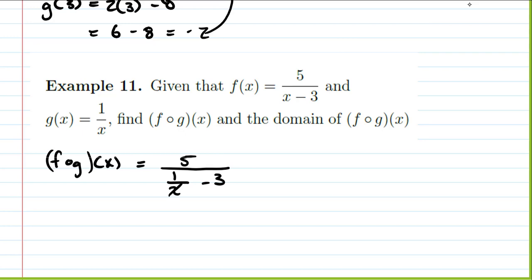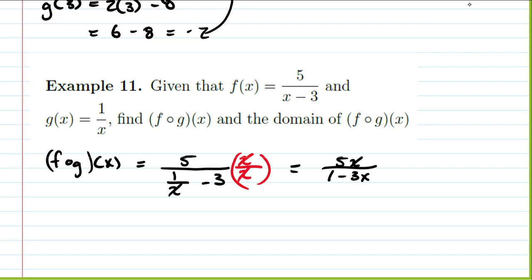And then we have a compound fraction, so we multiply the numerator and denominator by the LCD, which is just x in this case. And we get 5x. And 1 over x times x is 1 minus 3x. So f circle g of x is 5x all over 1 minus 3x.